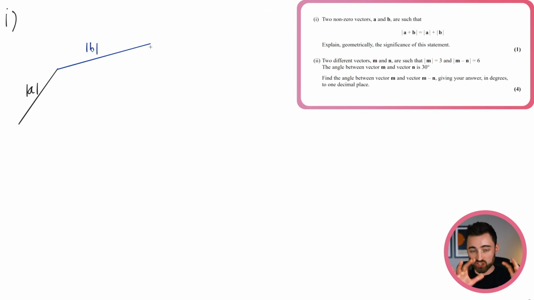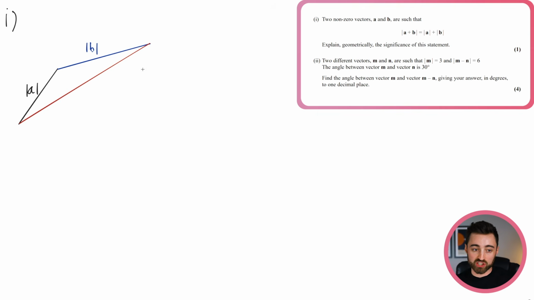But then the modulus of A plus B would basically, what I'd first do is get A plus B as a vector and then work out the size of it. So A plus B as a vector is just going to be kind of the resultant of these. So if I start here and end here, that's A plus B. But that as a vector is just going directly. So that would be that, essentially.